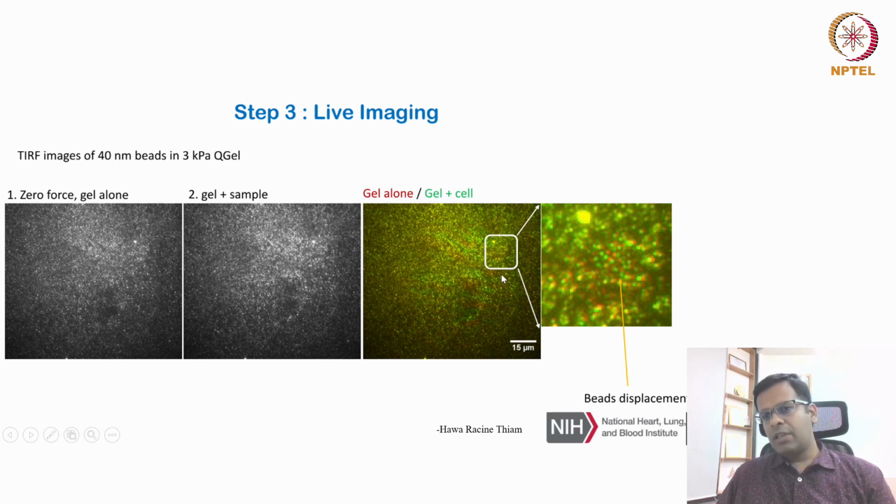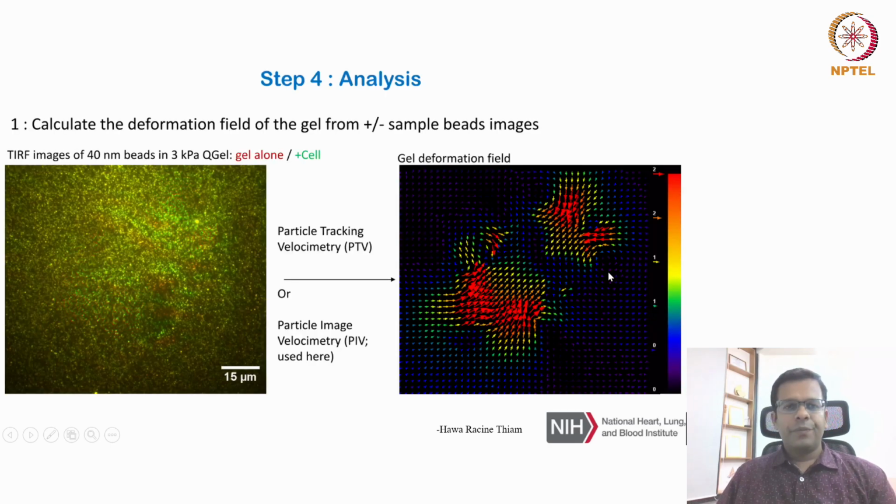Now in the merged image, you see some of the fiducial markers are yellow in color. That means it's a superimposed image of red plus green. So yellow means there is no displacement. But wherever you see either the red or the green, that shows the displacement of those pillars. This is known as the bead displacement, and that is actually computed.